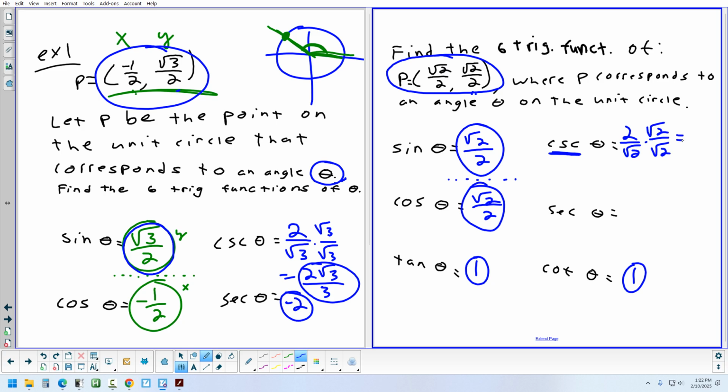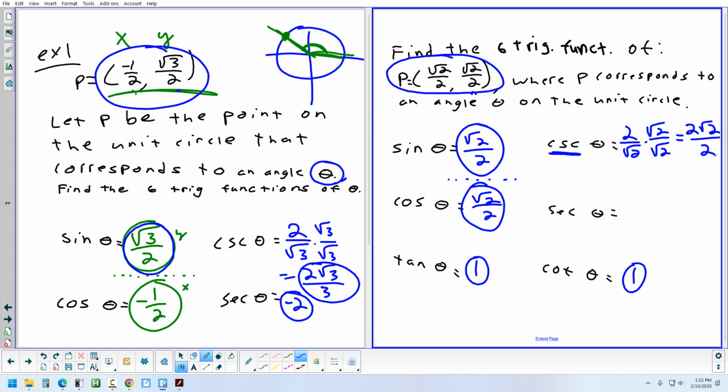Okay. Go straight across. What do you get in the top? 2 square root of 2. And what about in the bottom? 2. Yeah, square root of 2 times the square root of 2, that's the square root of 4, which is 2. But then, what do you have on the outside of the square root that's the same?